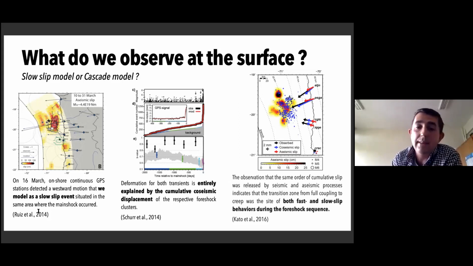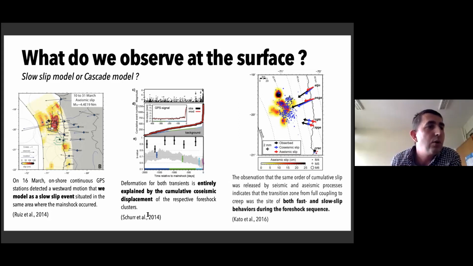On the other hand, at pretty much the same time, another group in Germany from the GFZ laboratory came up with a very different explanation. When they looked at the GPS signal at the surface, what they showed is that basically all of the surface displacement that you observe before the earthquake can be pretty much explained by the seismicity.